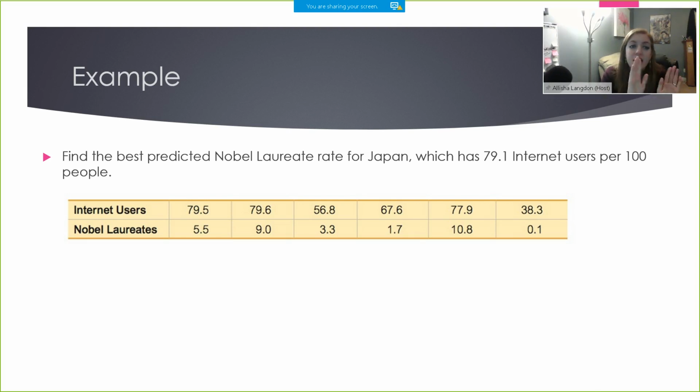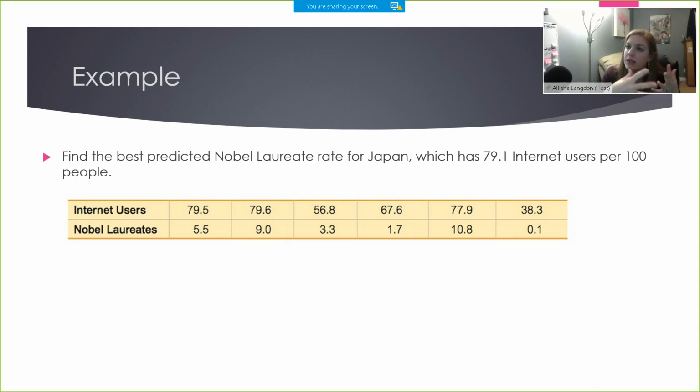Okay, so find the predicted Nobel laureate rate for Japan, which was 79.9 internet users per 100 people. Let's just look at this. It gave us a table of 6 pieces of information. 2 variables are happening here, internet users and then Nobel laureates.